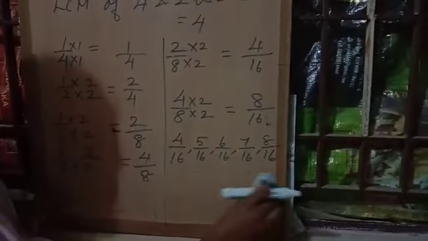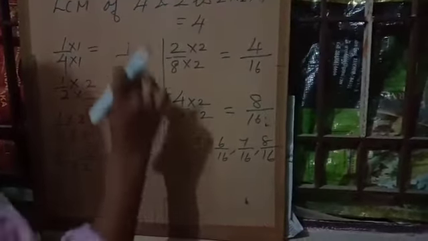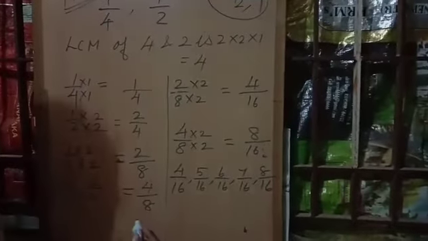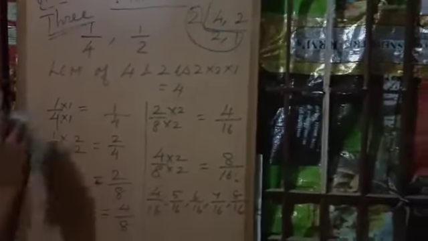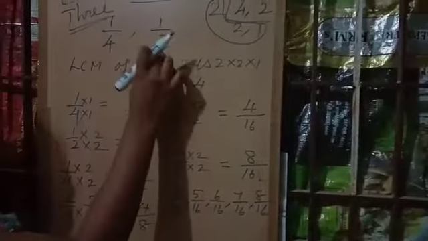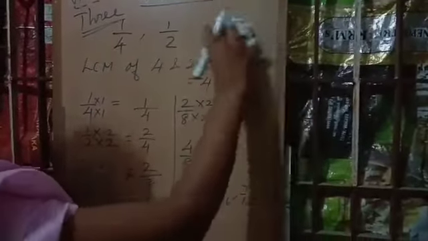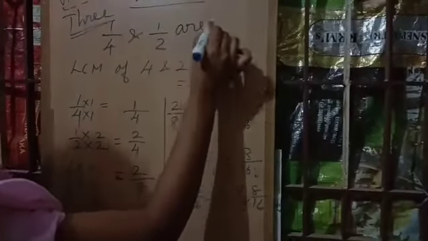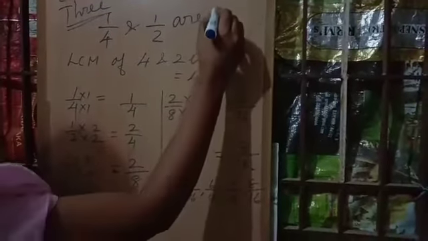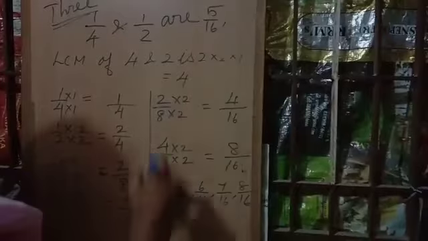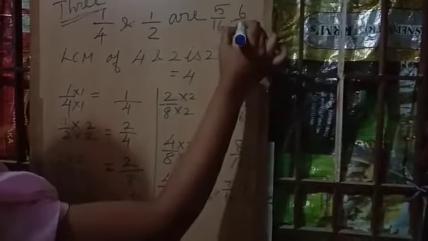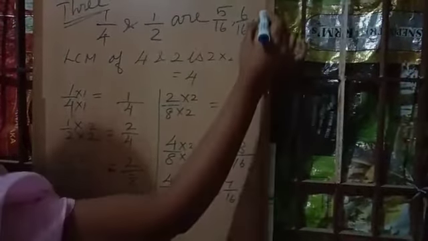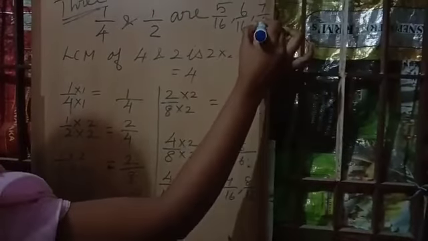Therefore, the required rational numbers between 1 by 4 and 1 by 2 are 5 by 16, 6 by 16, 7 by 16.